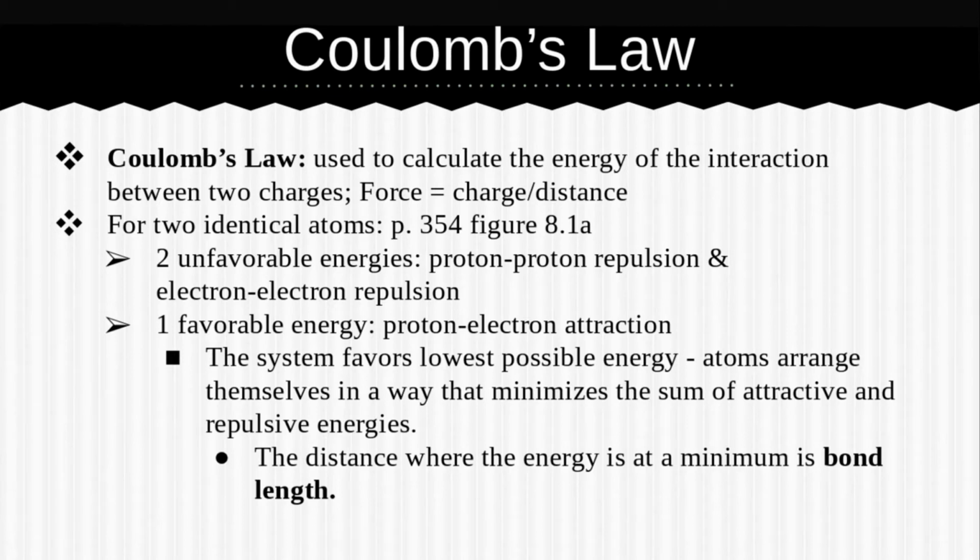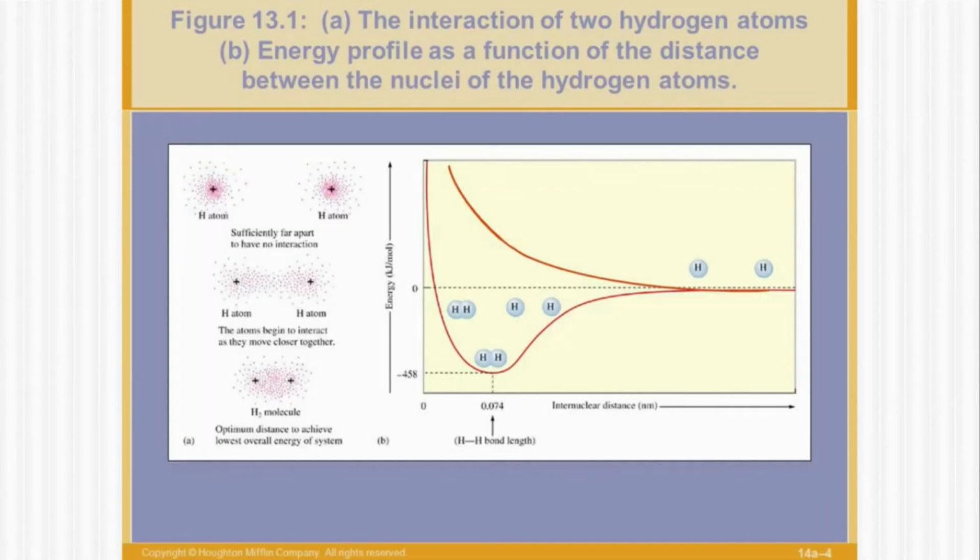So basically, we want that sum of the attractive and repulsive energies to be minimized. And once it reaches that minimum amount of energy, that is where the bond forms. And the distance that occurs at, how far away those atoms are from each other, is how we find the bond length.